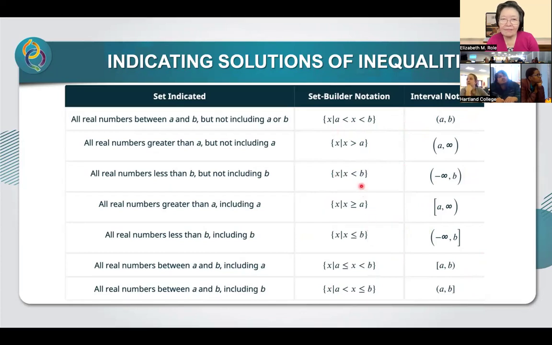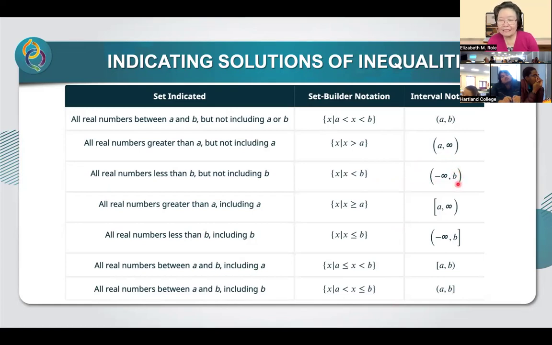So if x is between a and b, you use a parenthesis, without the equality, so that is from a to b. If you say x is greater than a, there is no equality there, you use the parenthesis, and because it's greater, that is up to positive infinity. If x is less than b, it's from negative infinity to b, but b is not included, so we use the parenthesis.